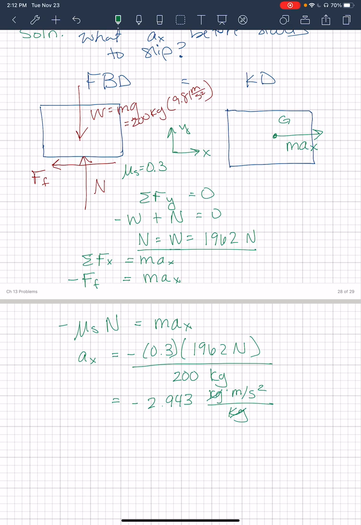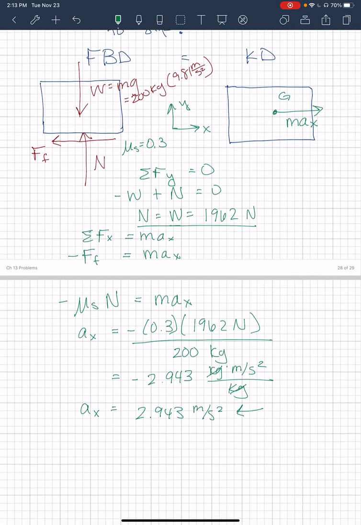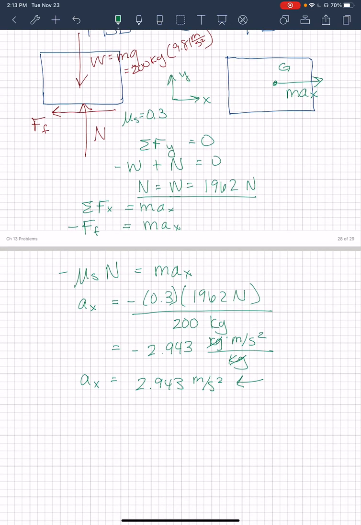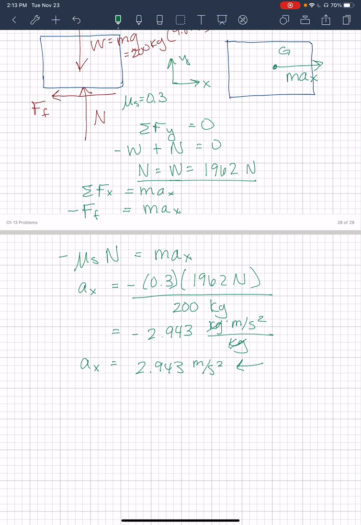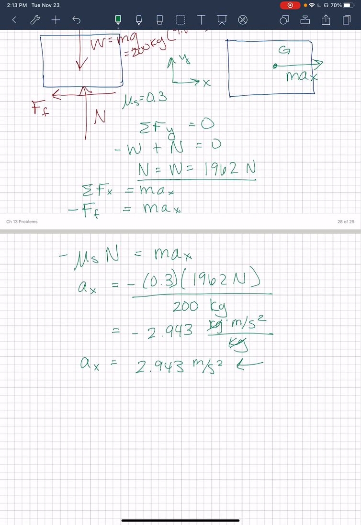And it being negative just means that it's actually going to the left. So the acceleration magnitude is 2.943 meters per second squared. We can get to that acceleration without it slipping, and so now we know what that constant acceleration is going to equal.